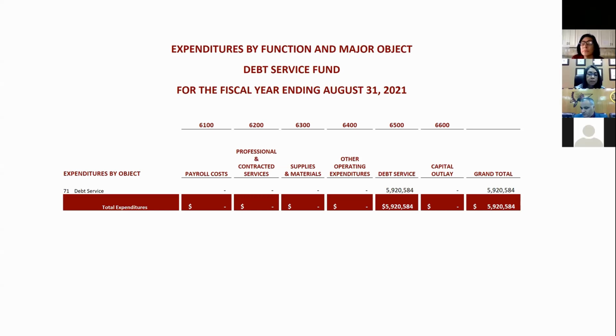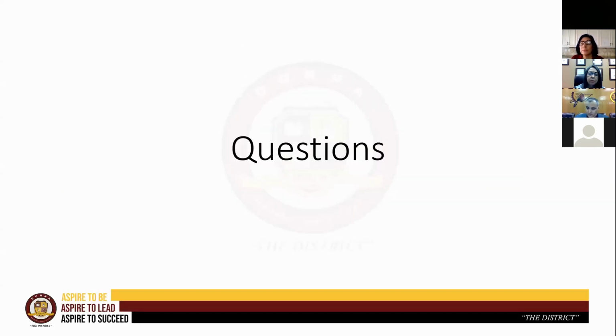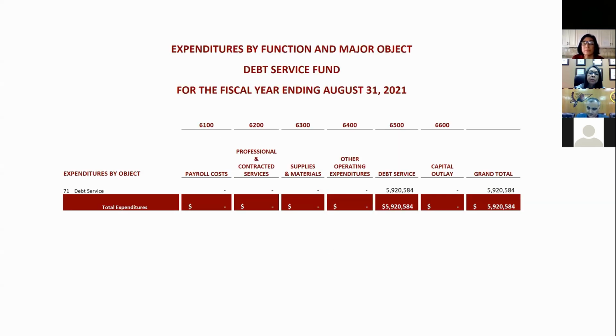So it is only the 6500 on function 71 for $5,920,584. So I don't have a pie chart for that one because it's all eaten up on the function 71 and the 6500. So that is our proposed budget for the fiscal year 2021.